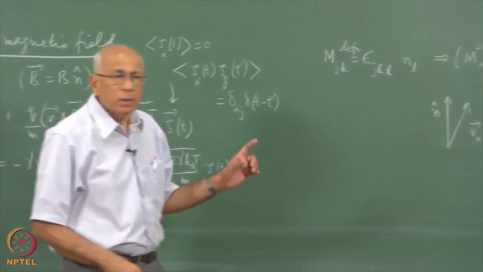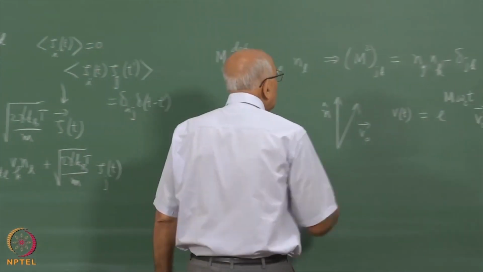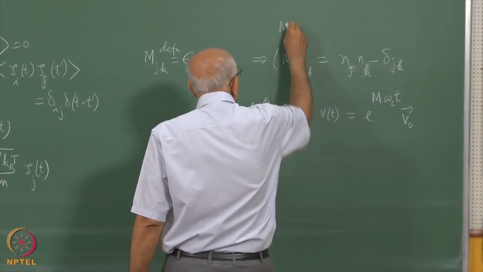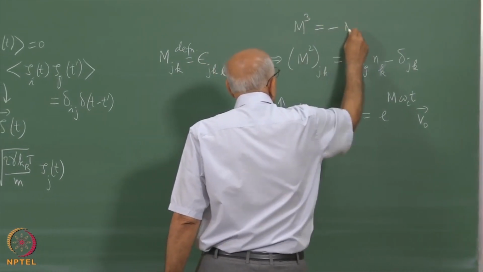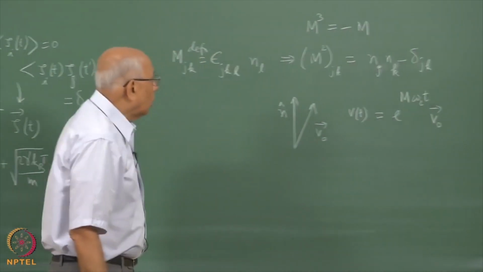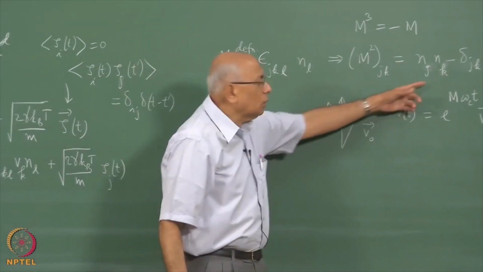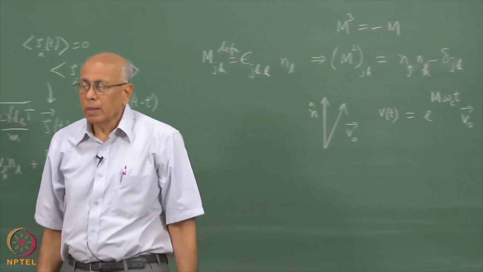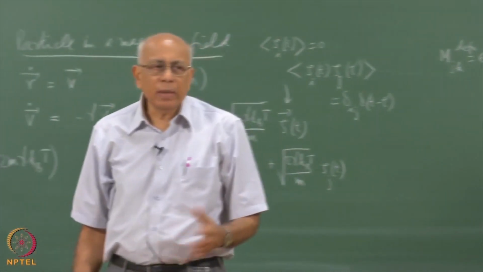So M squared is straightforward enough, and M cubed equals minus M. All you have to do is to multiply once again by M and you discover that M cubed is minus M. So that is the property of this matrix M.